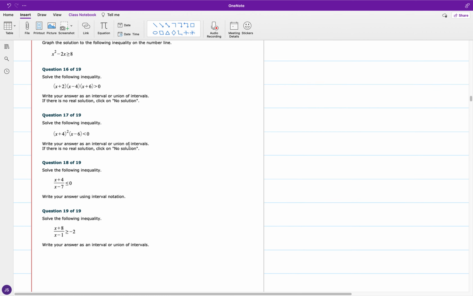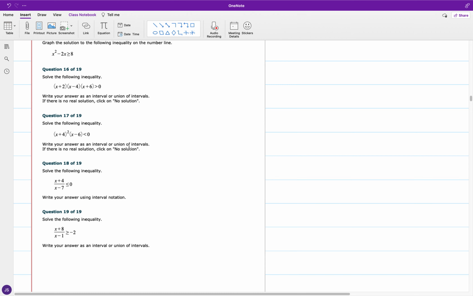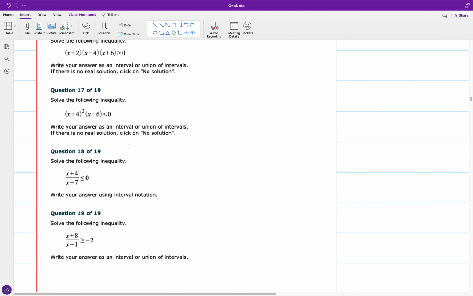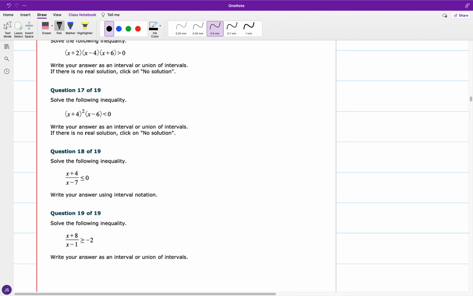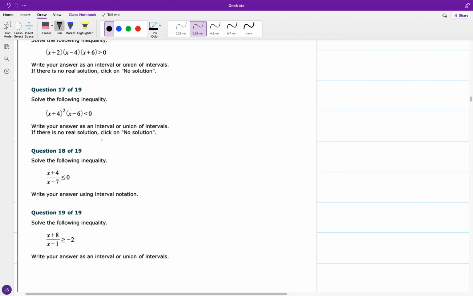In the case of number 17, we have a function already presented in factored form, and it says to solve the following inequality: the square of x plus 4 times the quantity x minus 6 is less than 0. It says to write your response as an interval or union of intervals, and if there is no real solution, just indicate it as such.